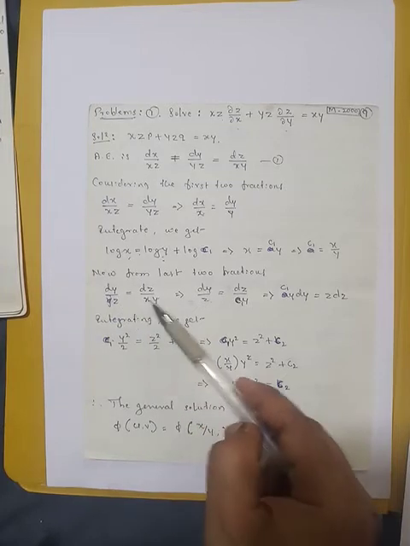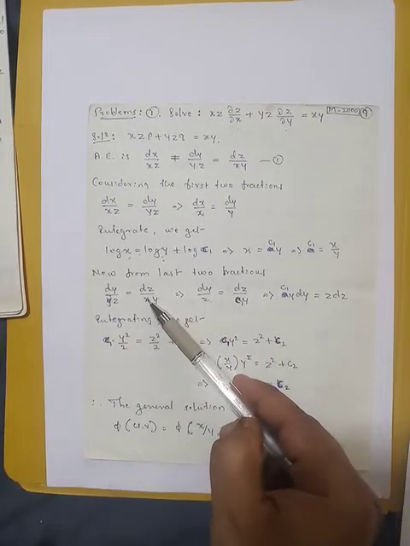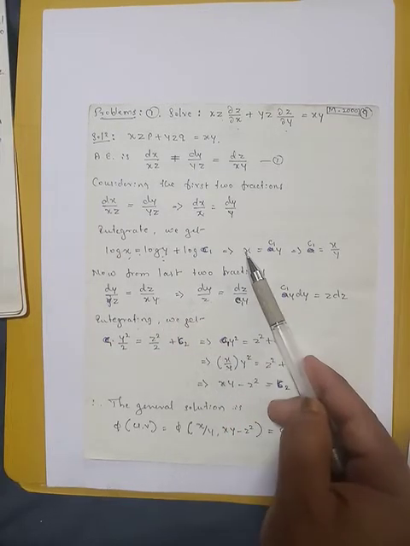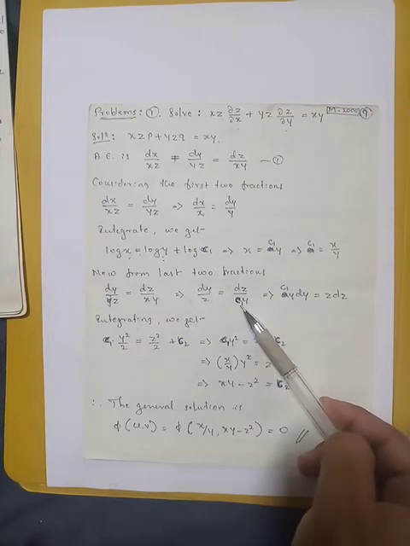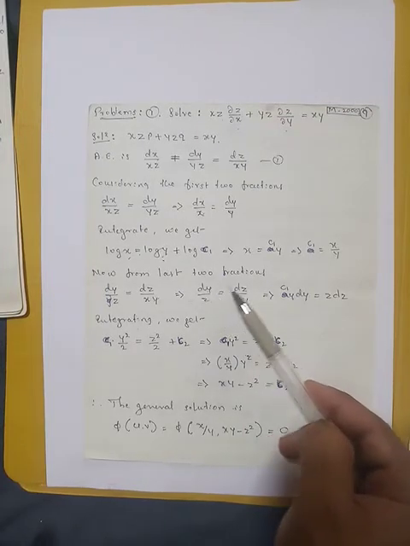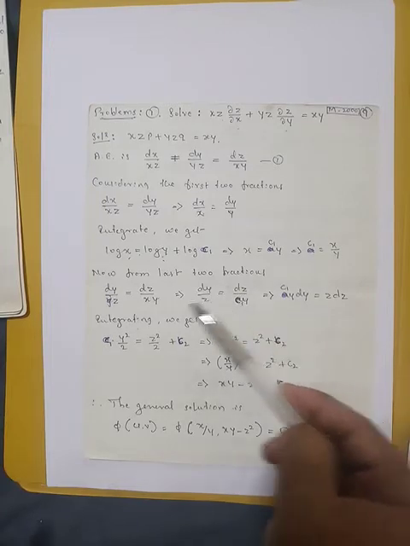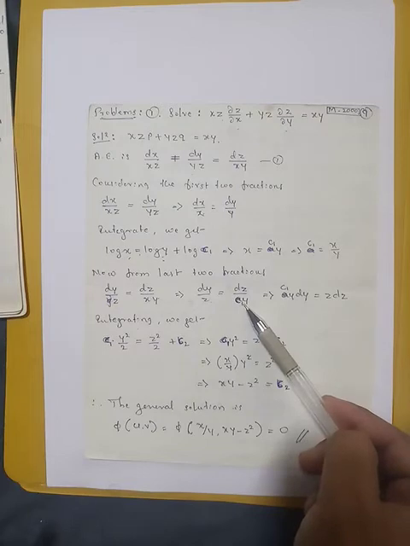Dy by z, y cancelled, dz by x, but this should be in terms of y, right? So what we do is replace this x as c1 into y, because as it is said dy and dz are there, meaning we must have only the variables y and z. Therefore we replace x equal to c1y, so we got it in terms of y.